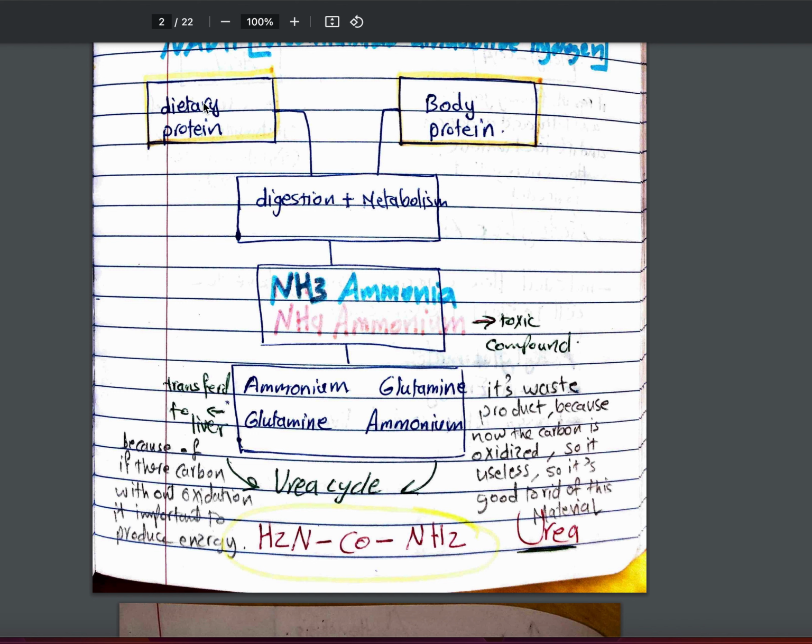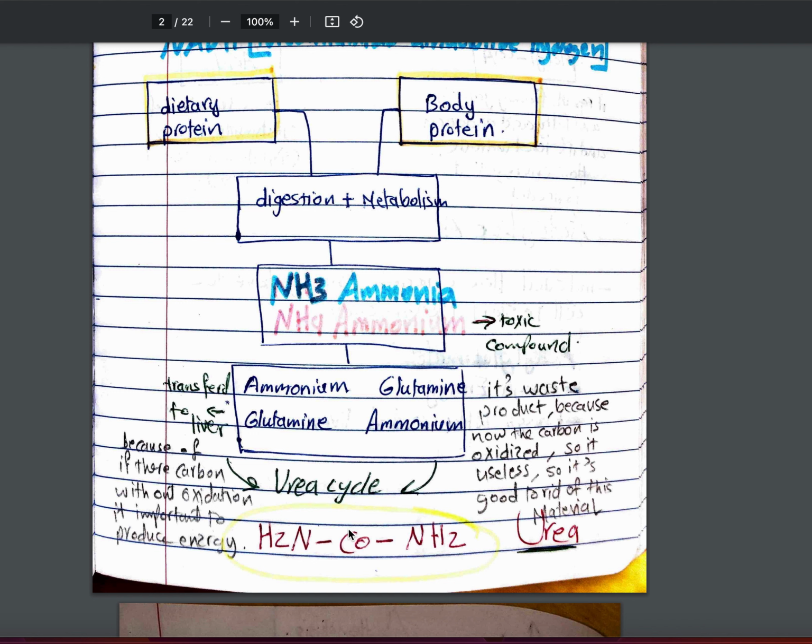So actually we have dietary protein and body protein, then they undergo digestion and metabolism that leads to the production of NH3, which is ammonia, and NH4, which is ammonium, and this is a toxic product. After all this urea cycle, that leads to the production of urea.